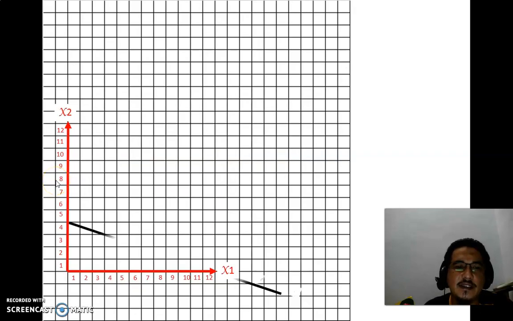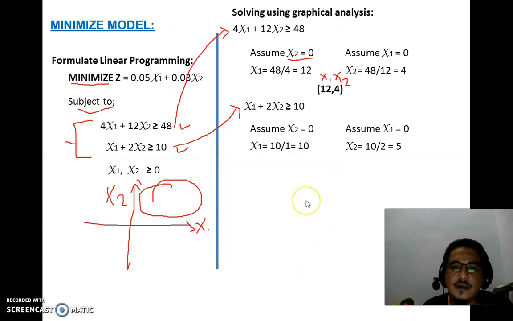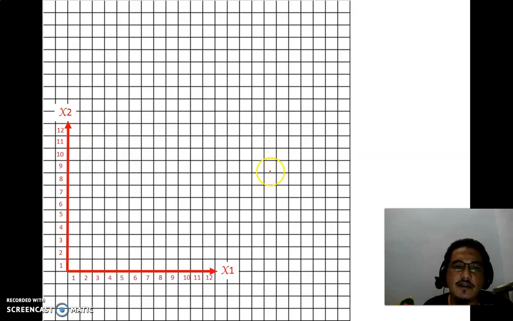The first line is 12 and 4, 4s1 plus 12s2 more than or equal to 48. The second line is 10 and 5, 1s1 plus 2s2 more than or equal to 10.